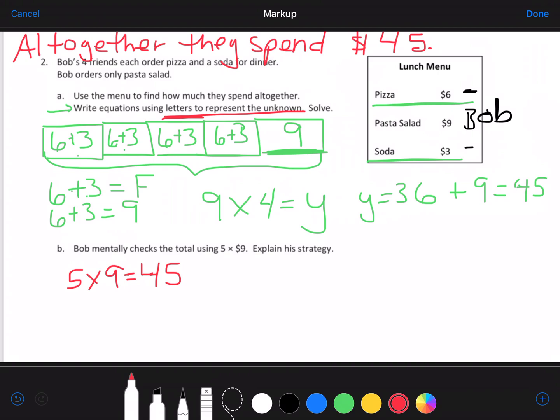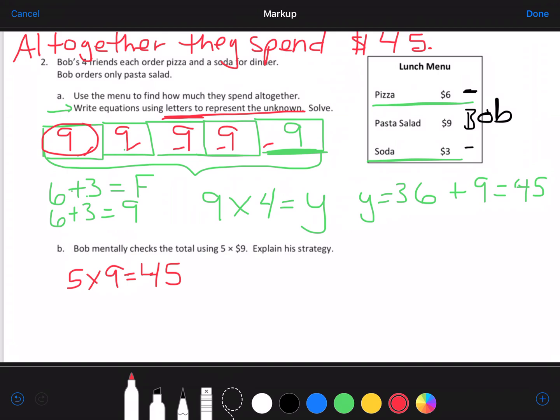Yeah, so it does check out. So I think what he was thinking is that since 6 plus 3 is 9, he just thought 9 for the whole box. And if he did that to all of these boxes, right, then he would get 1, 2, 3, 4, 5 boxes with 9 each.